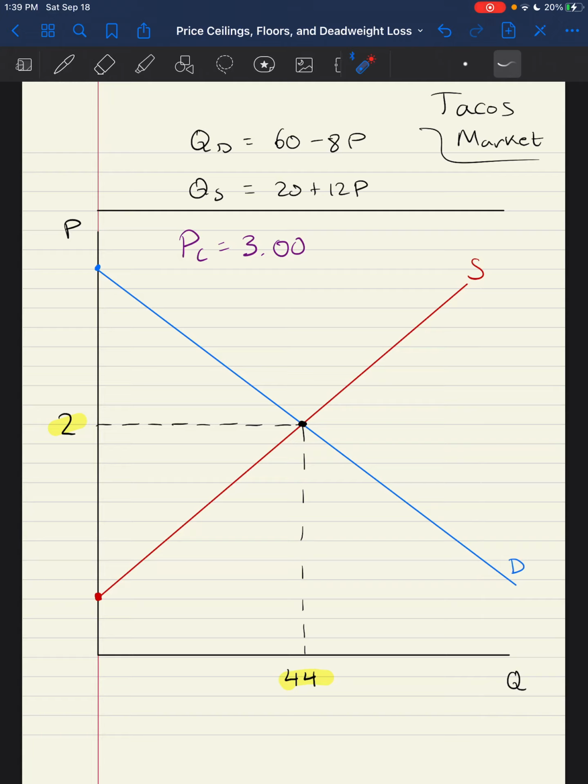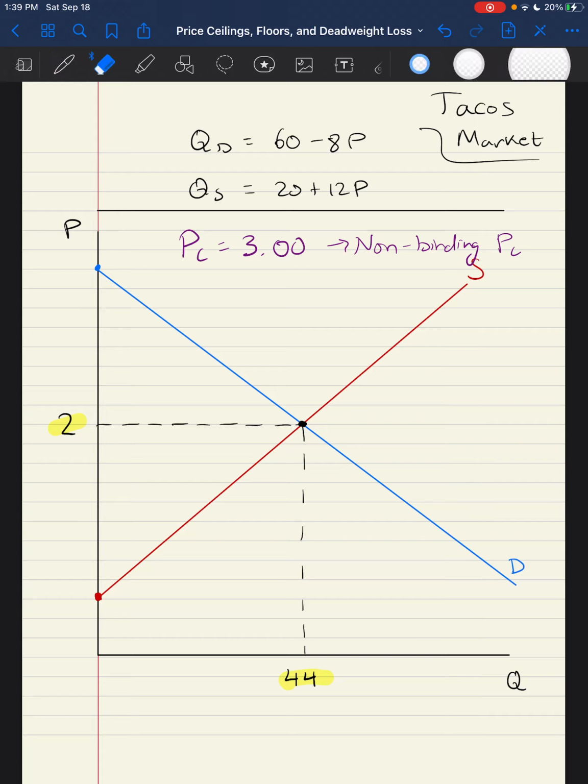Because we're already below, this is a non-binding price ceiling, meaning it's not going to have any effect on our market. It's not going to change our equilibrium.